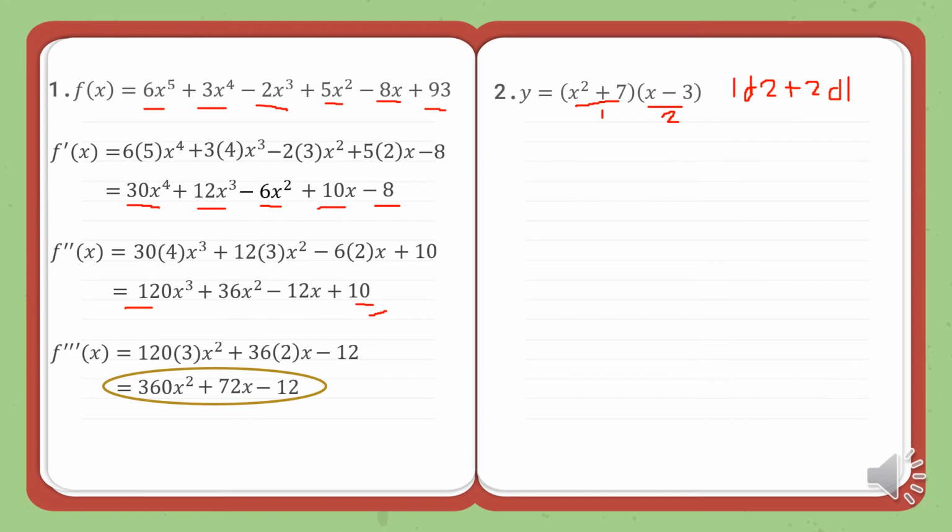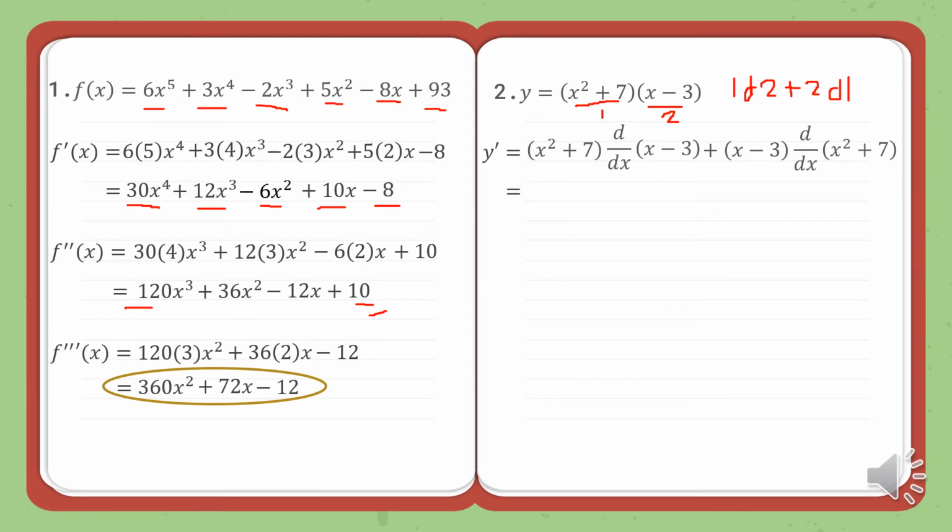Gamitin natin ito. So, for the first derivative, hanapin muna natin si first and the second derivative bago natin mahanap si third derivative. For the first derivative, we have y prime is equal to 1, ang ating first factor is x squared plus 7, d2 is derivative of the second, x minus 3, plus 2, which is x minus 3, and derivative of the first, derivative of x squared plus 7.